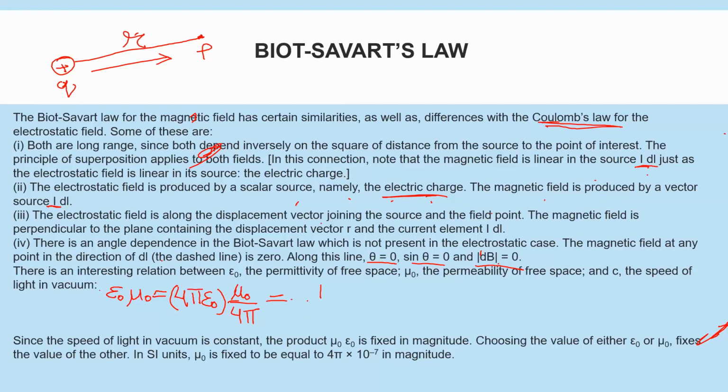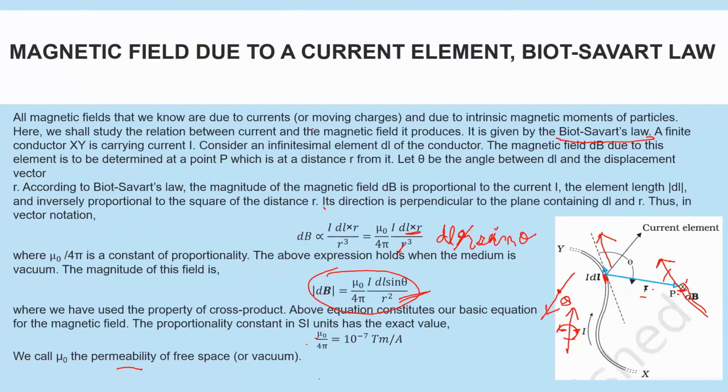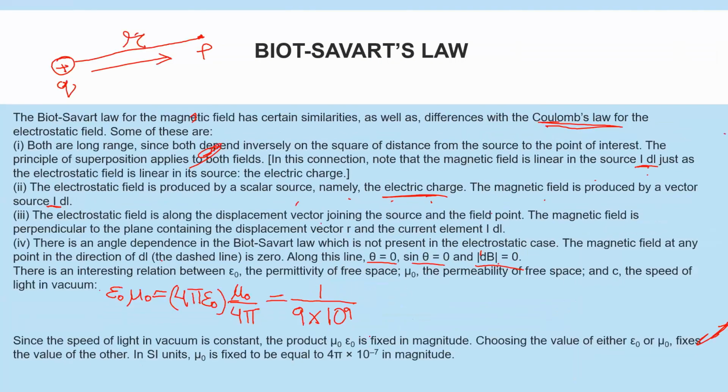If you remember, 1 by 4 pi epsilon 0 is equal to 9 into 10 raised to 9. We had seen this in electrostatics. Since we are considering 4 pi epsilon 0, we take the reciprocal of that, that is 1 upon 9 into 10 raised to 9. And over here we have already said that mu 0 by 4 pi is equal to 10 raised to minus 7. So we multiply that over here.